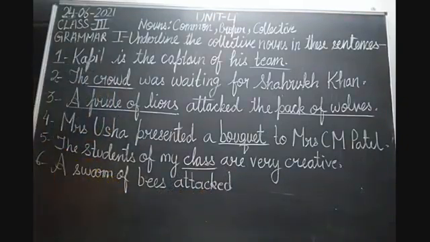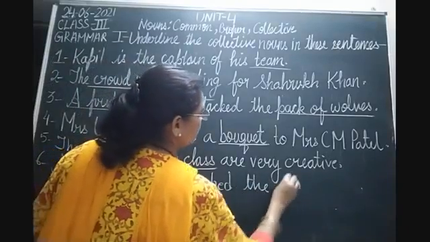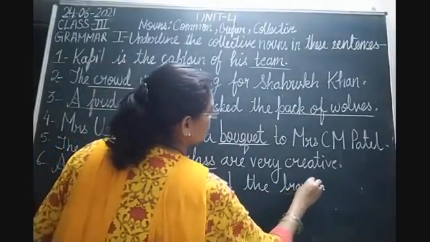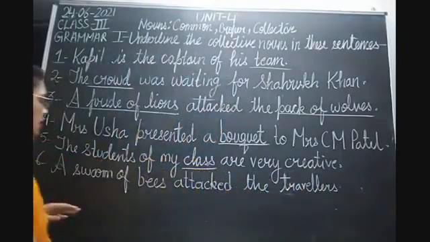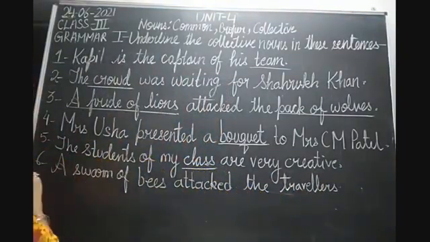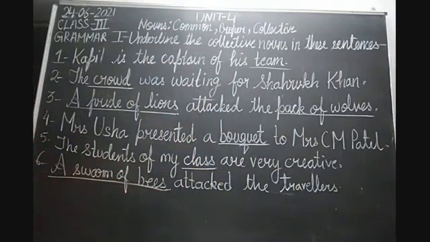So a swarm of bees attacked the travelers. So which is the collective noun? A swarm of bees. All of you please underline a swarm of bees. Done? I hope everybody has done.